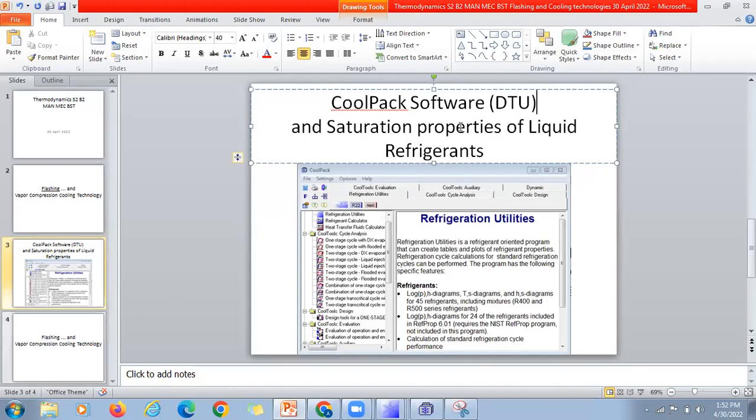Okay, good. So saturation properties of liquid refrigerant. This is for the refrigeration applications.